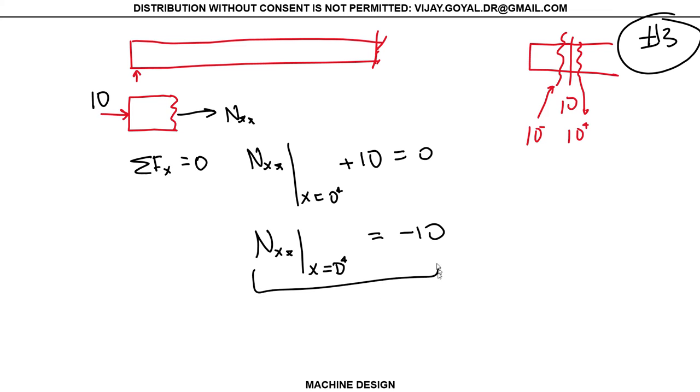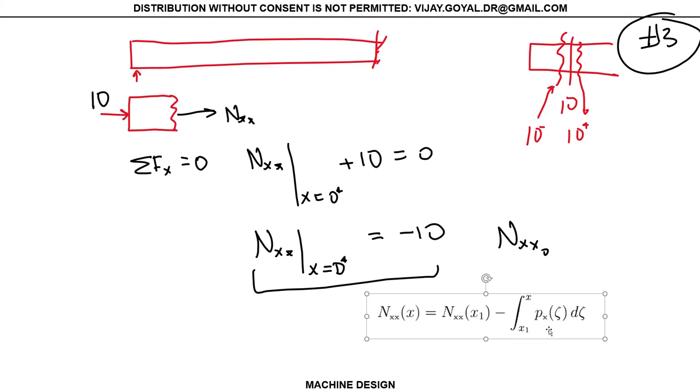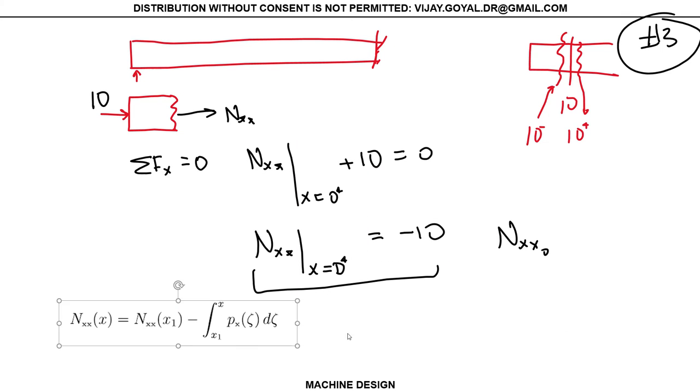So that is just your NXX sub 0 in your equation. And you may ask, where do we use that? Well, if you remember, and you can derive this equation, I need to use this equation. In order to use this equation, I need to have what my initial value is. So if I start at 0, you have to always know that this is actually like 0 plus.